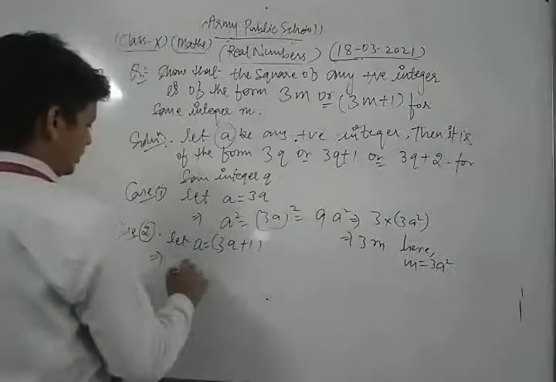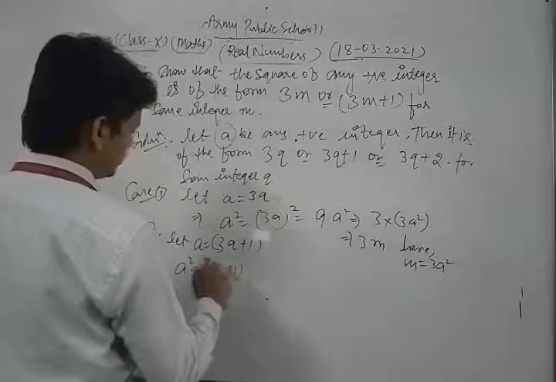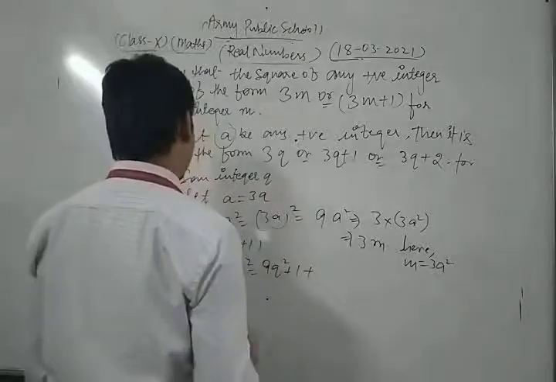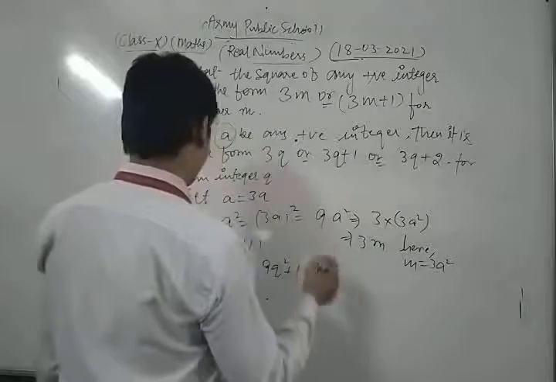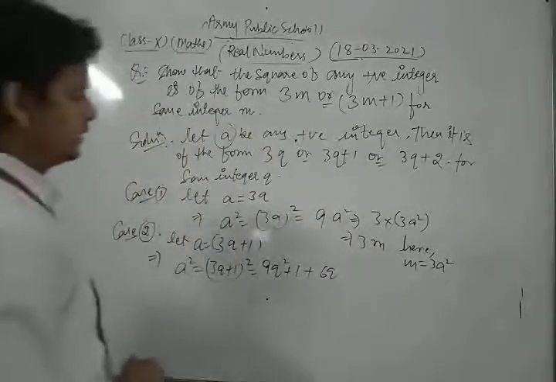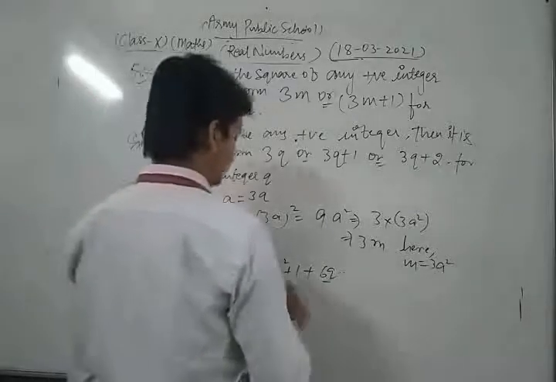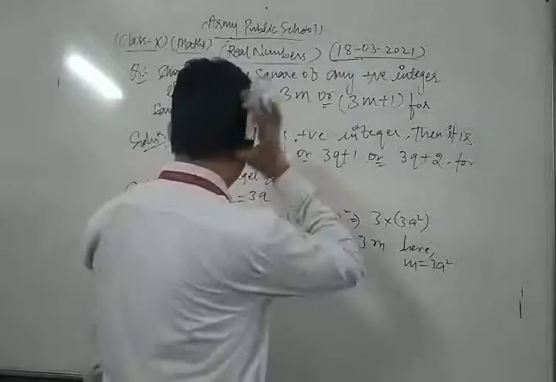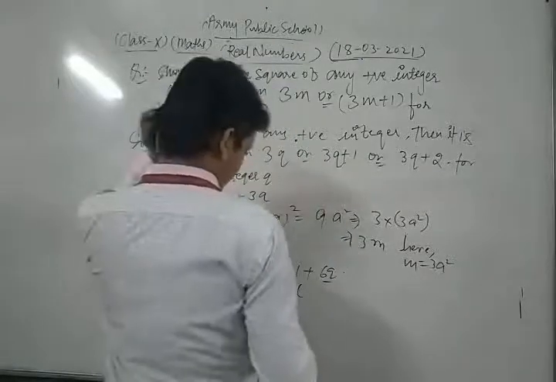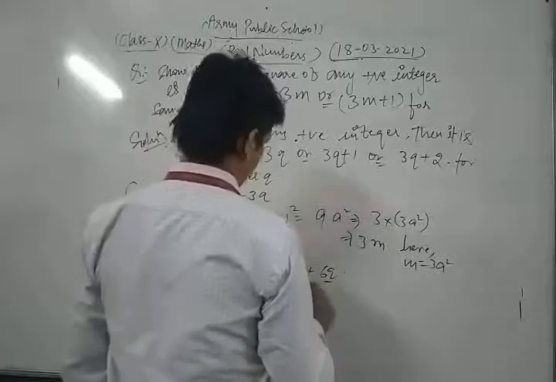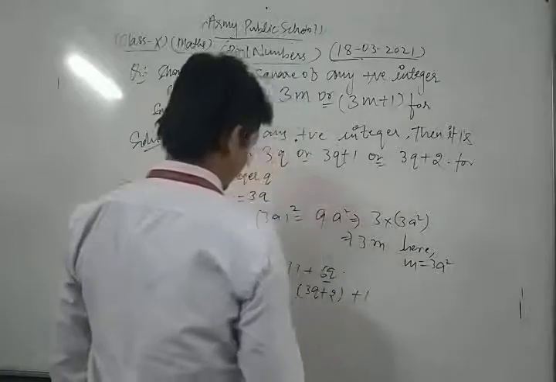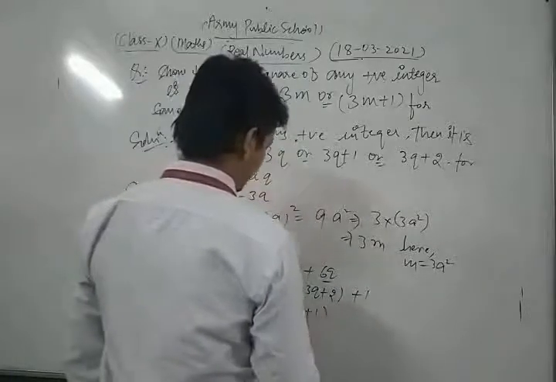Now its square becomes a square plus b square plus 2ab, that is 9q square plus 6q plus 1. Now we take 3q as common, so we get 3q times 3q plus 2, plus 1. So we write it as 3m plus 1.